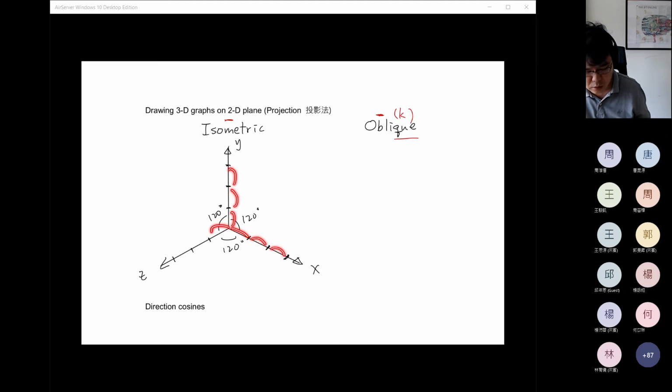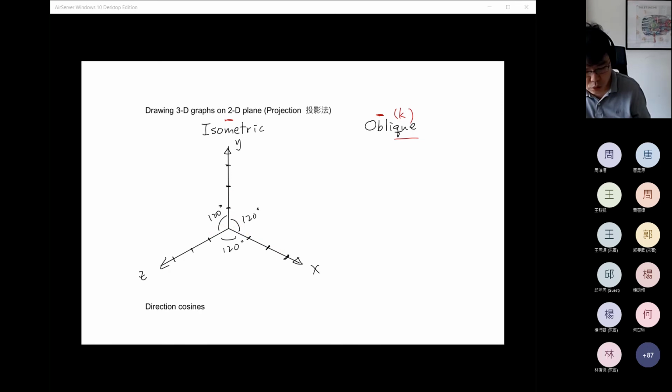The distance for all axes is the same. This one is equal to this one. This one is equal to this one. All 3 are the same.